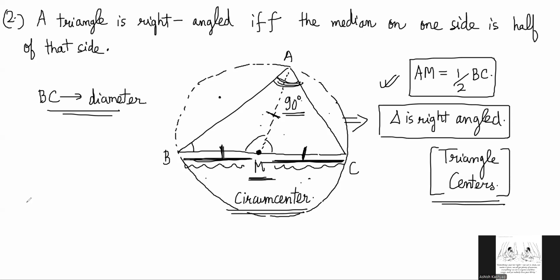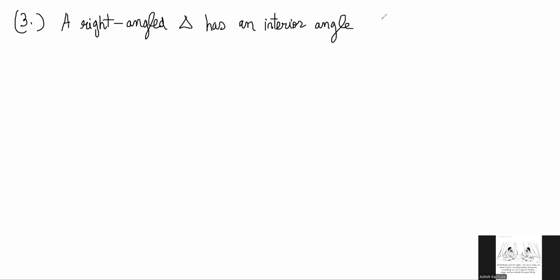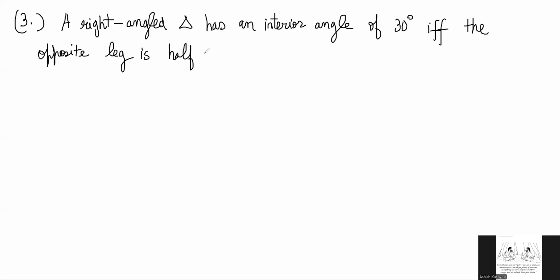Now, question 3. A right angle triangle has an interior angle of 30 degrees if and only if the opposite leg is half of the hypotenuse.